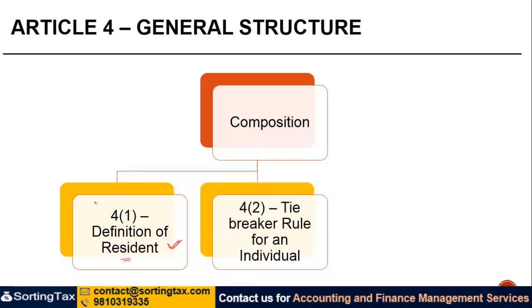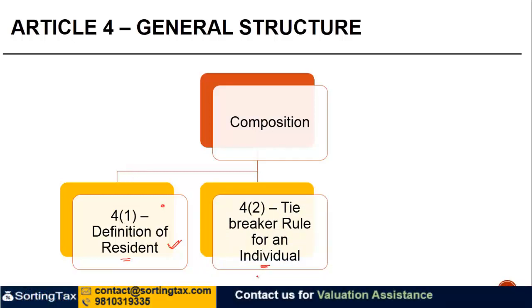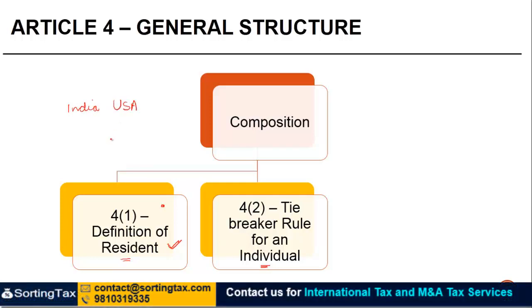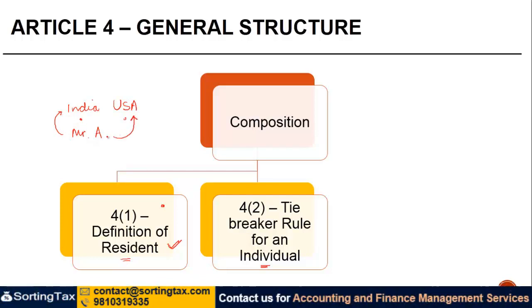Article 4(2) tells that if you apply Article 4(1), in case of an individual, and this individual becomes a resident of not one but more than one country, right? In that case, how will you decide which country he should be considered a tax resident of? So let's say if we were applying the India-USA tax treaty, right? And by virtue of application of this, there is a gentleman, Mr. A, who becomes a tax resident of India as well as tax resident of US, right?